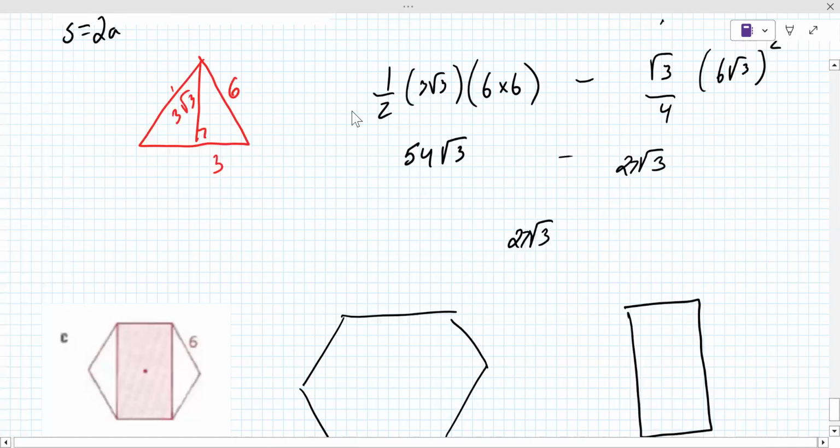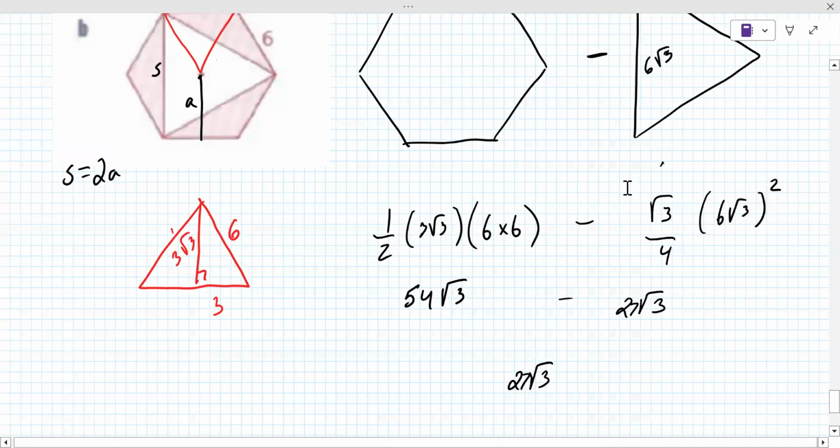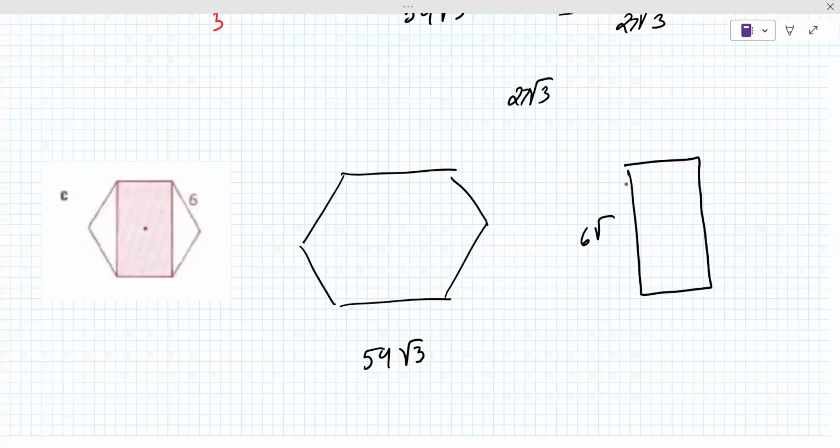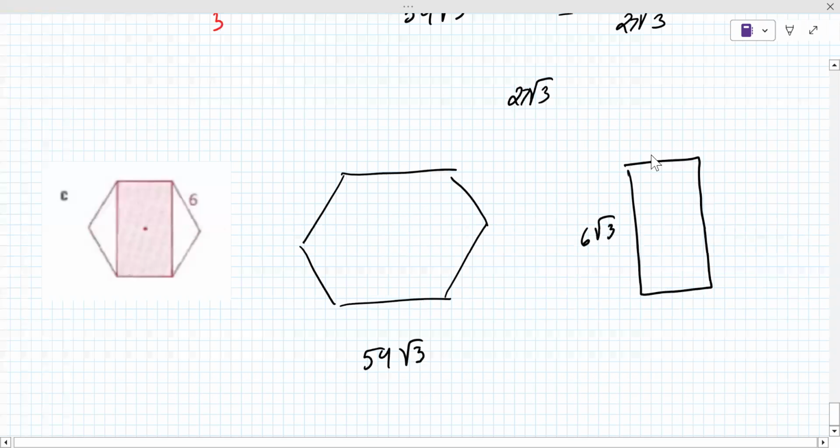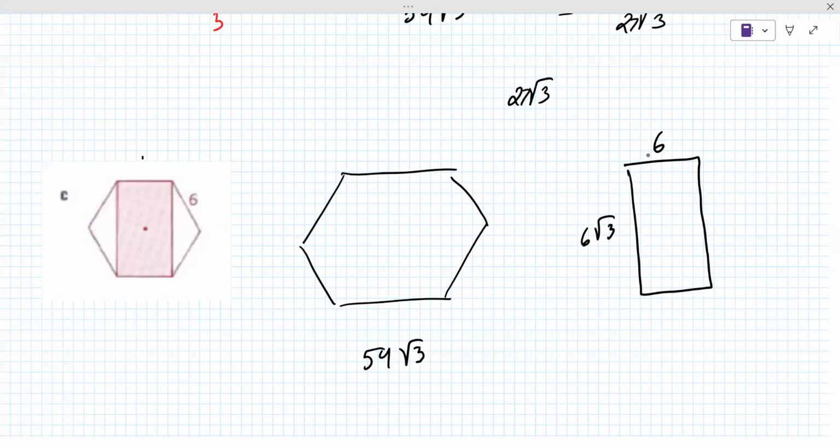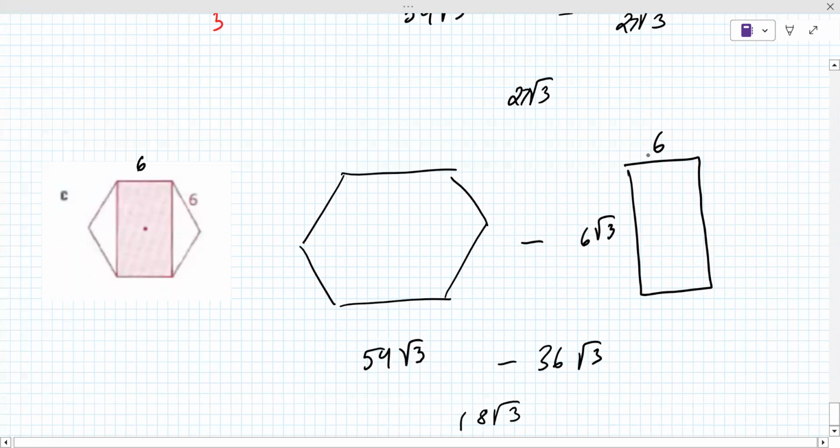This vertical length here is the 6 square root 3 from the previous problem. And we do know that this is 6 because it's a side length. So this ends up being actually not that bad. That's actually all there. 18 square root of 3. Mostly because we already did the calculations in the previous problem.